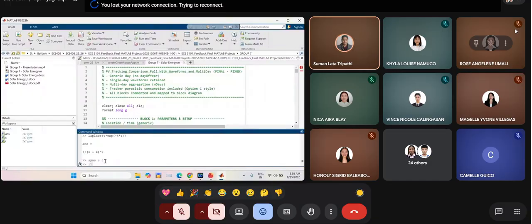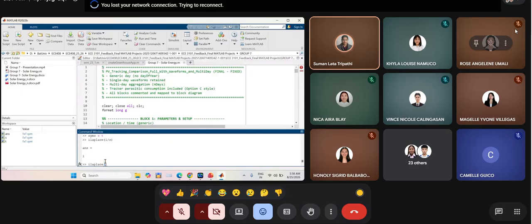Ilaplace, and inside the bracket we will put whatever we want to convert. So 1 by s, what should be the answer? It should be 1. Now it is already shifted from frequency to time domain, so you can do any inverse Laplace.